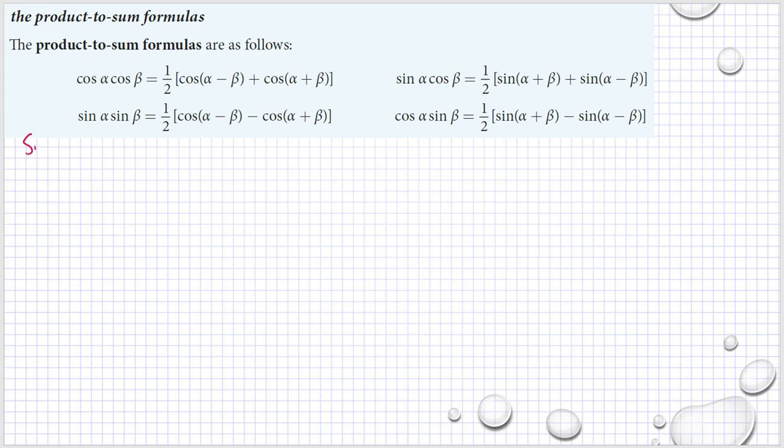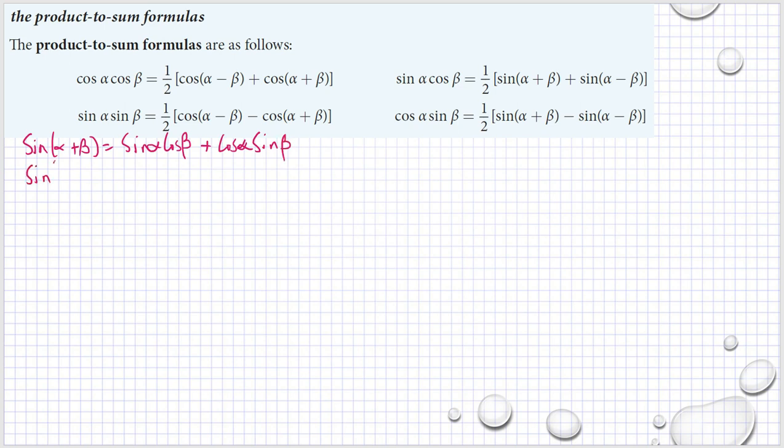So we have sine alpha plus beta is equal to sine alpha cosine beta plus cosine alpha sine beta.